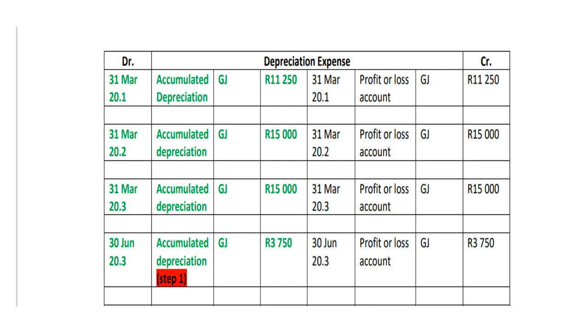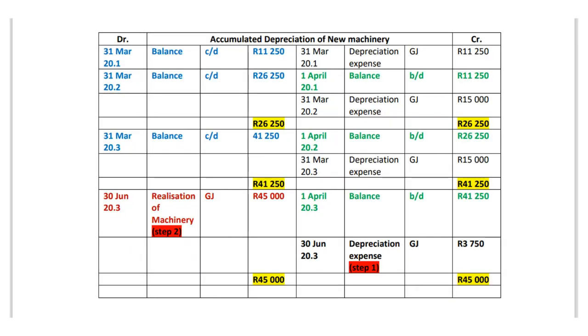Already step number one was calculated here. We did calculate the depreciation up to the date of disposal. We found that it was 3,750. Already, because we're done with the depreciation expense, let's go straight to deal with your accumulated depreciation.